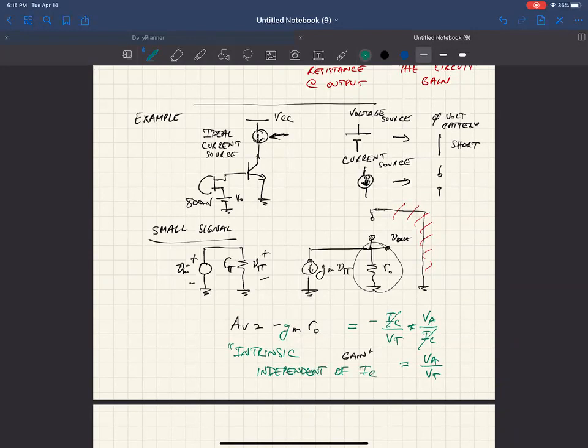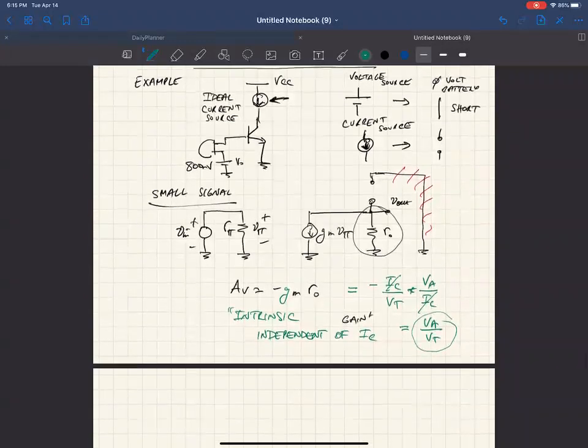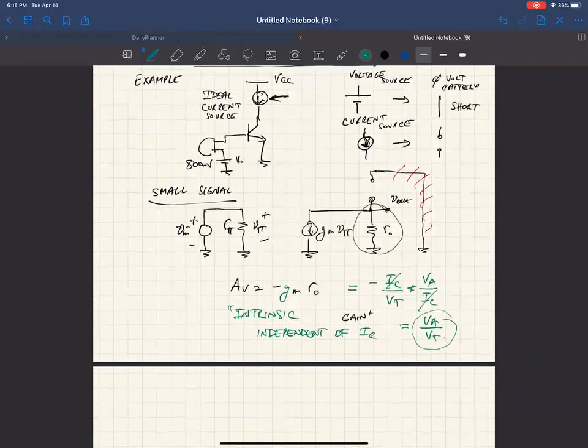It's basically independent of really anything. It's just the intrinsic maximum gain that you can get from that transistor, and it's this early voltage over V sub T. And the only thing that really changes it, I guess, is the temperature. So you'd get a change in V sub T as a result of the temperature.